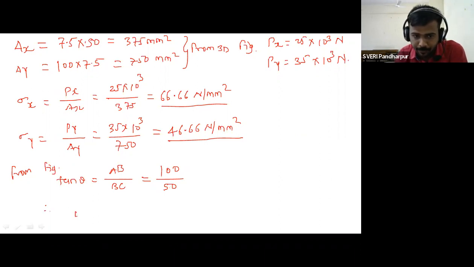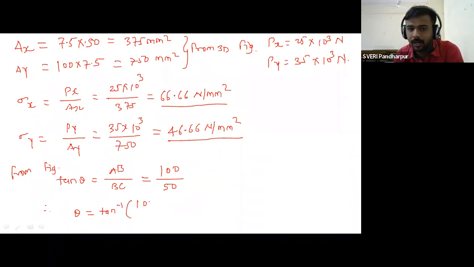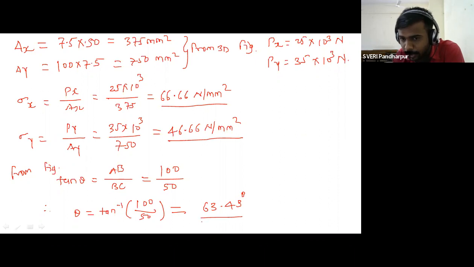So theta is equal to tan inverse of 100 divided by 50, which is equal to, what is this value? 63.43 degree. This value we have got.